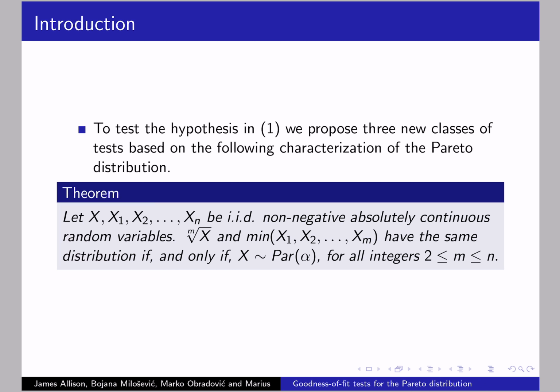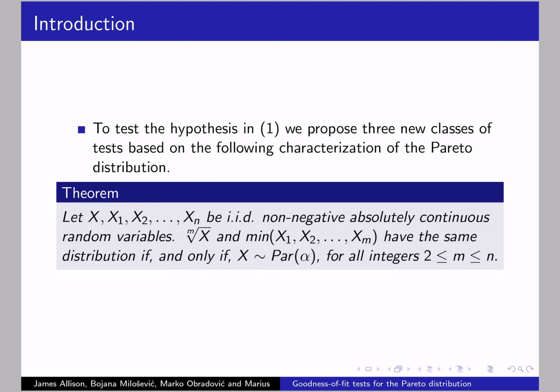To test this hypothesis in (1), we propose 3 new classes of tests based on the following characterization of the Pareto distribution. Let X1 up until Xn be IID non-negative absolute continuous random variables.